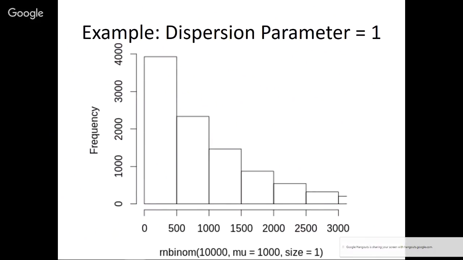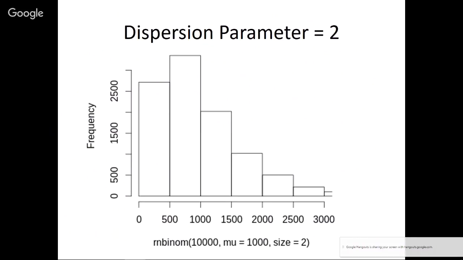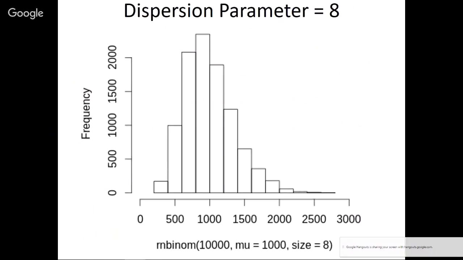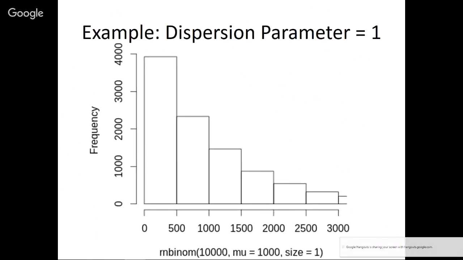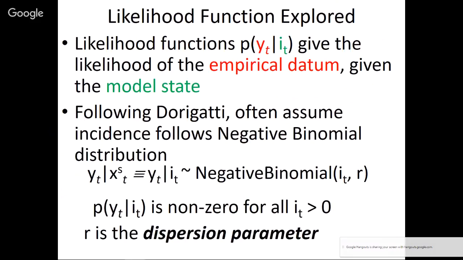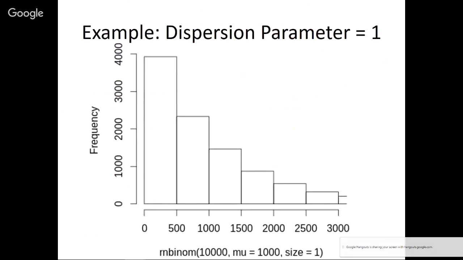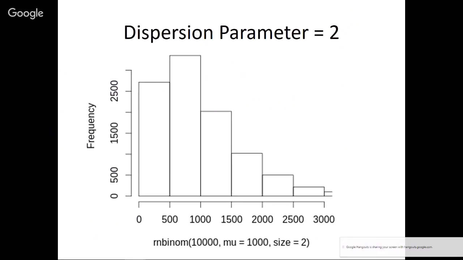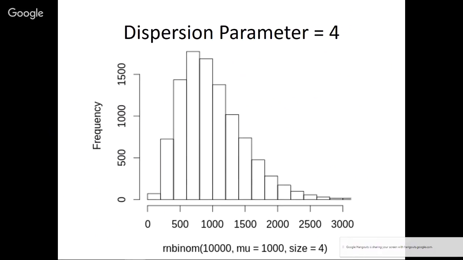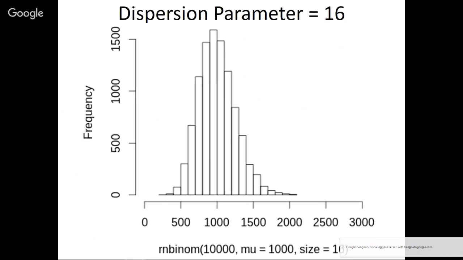And it turns out that as you increase the value of the dispersion parameter from 1 to 2 to 4 to 8, each of these increases keeps the mean constant. I'm just showing what this negative binomial distribution looks like. Here the mean is 1,000, with a dispersion parameter of 1. Same mean, but dispersion parameter of 2. Same mean, dispersion parameter of 4, 8, 16.